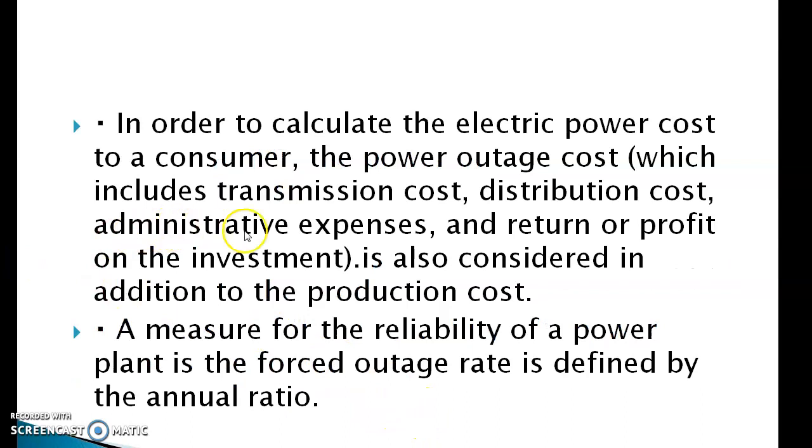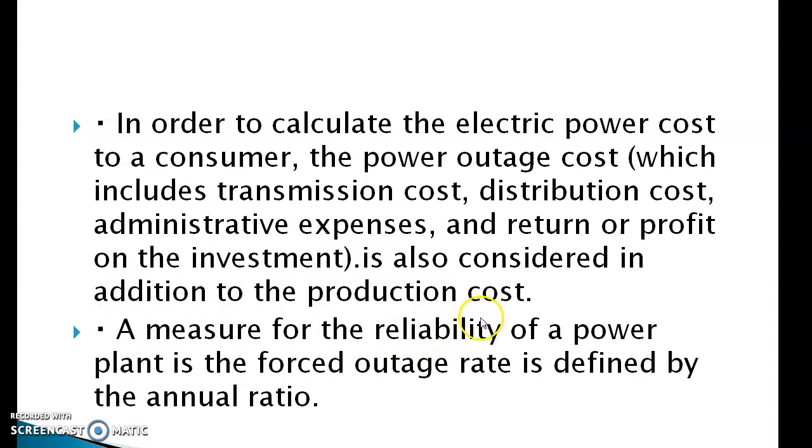In order to calculate the electric power cost to the consumer, the power outage cost, which includes transmission cost, distribution cost, administrative expenses, return or profit on the investment, is also considered in addition to the production cost.